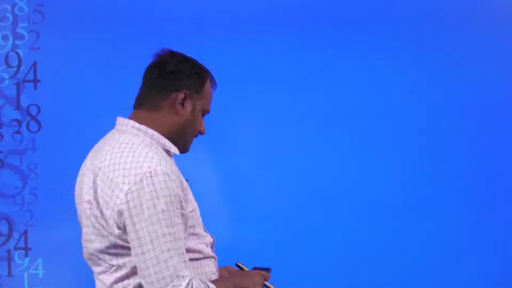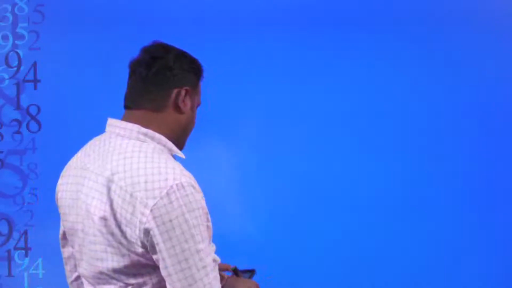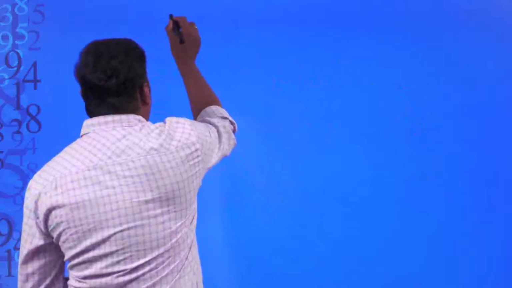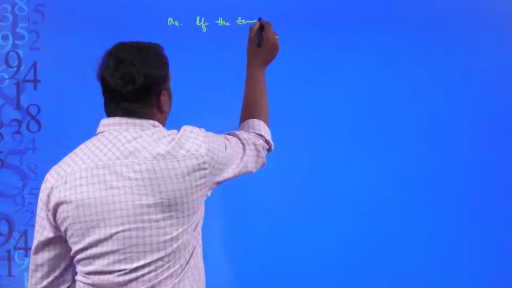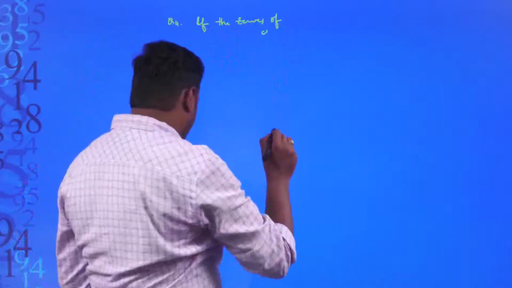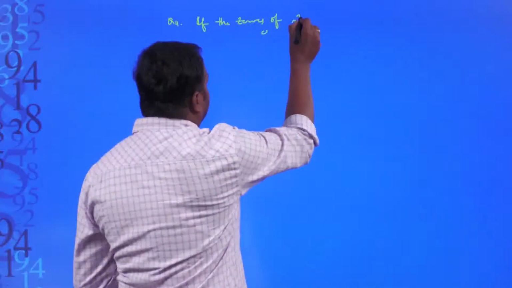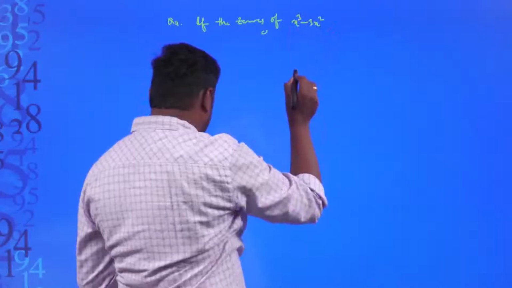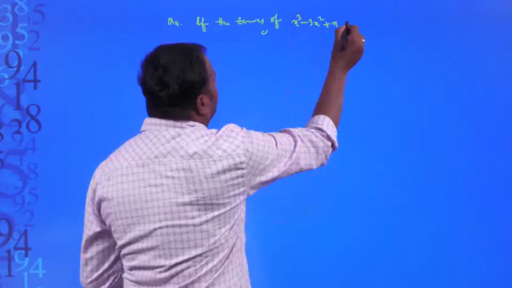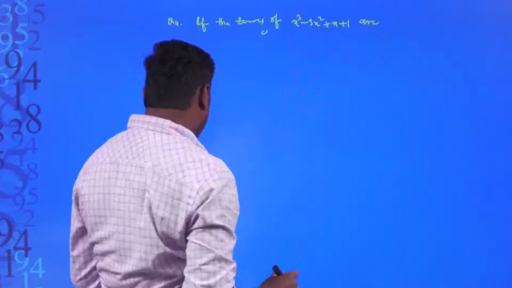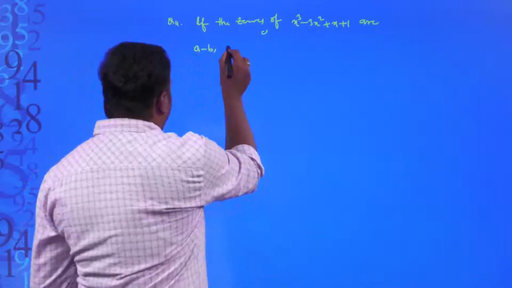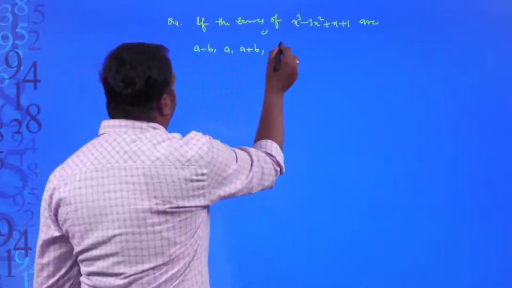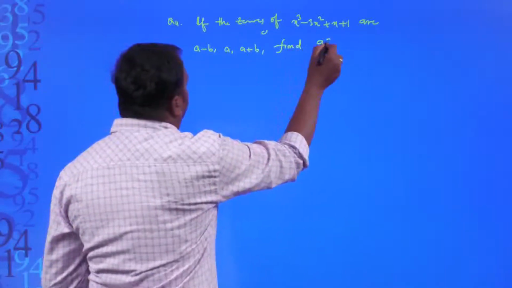And a few set of problems are given like, the first problem is, if the zeros of the polynomial x cube minus 3x square plus x plus 1 are a minus b, a and a plus b, then find the values of a and b.